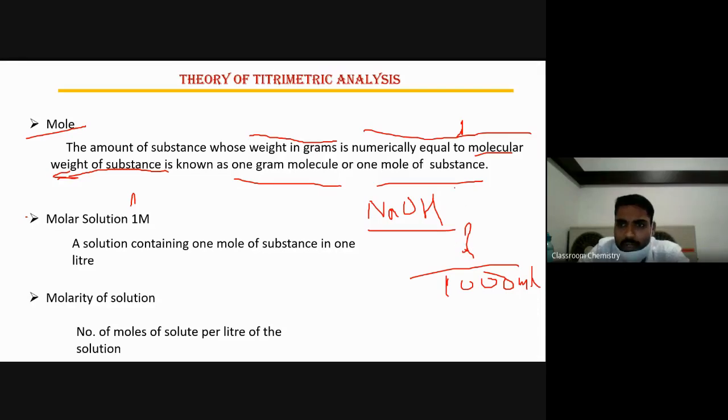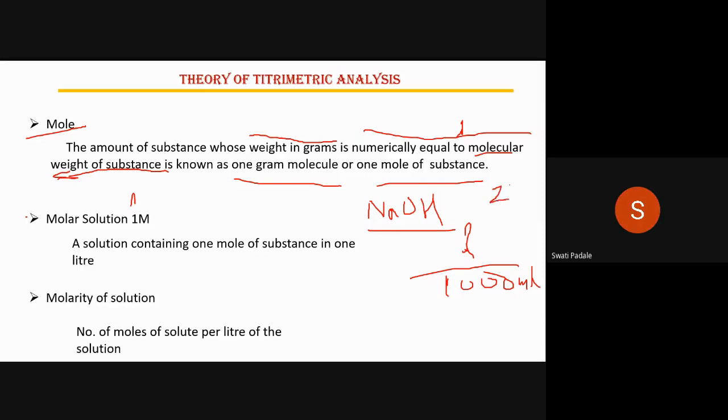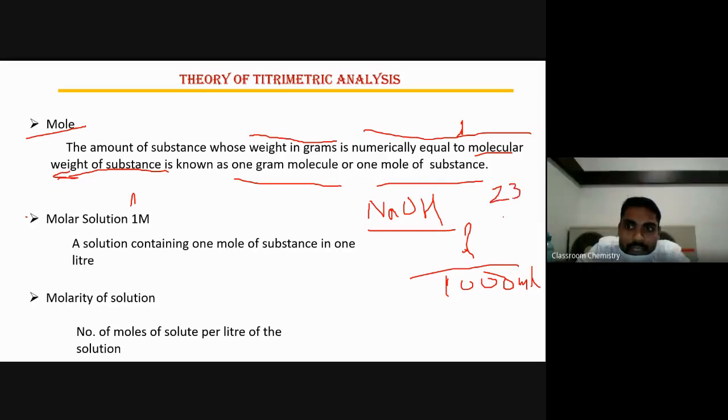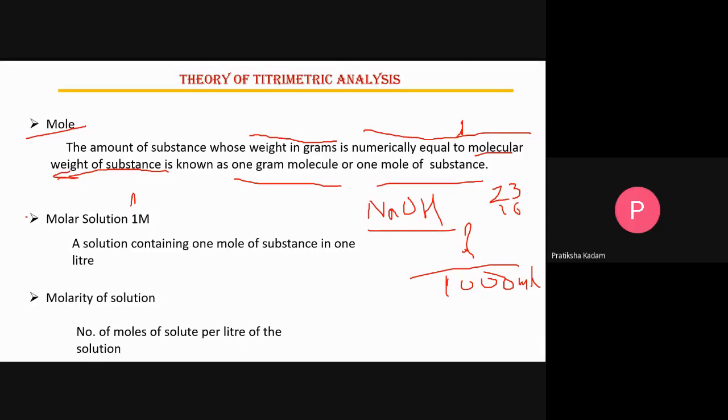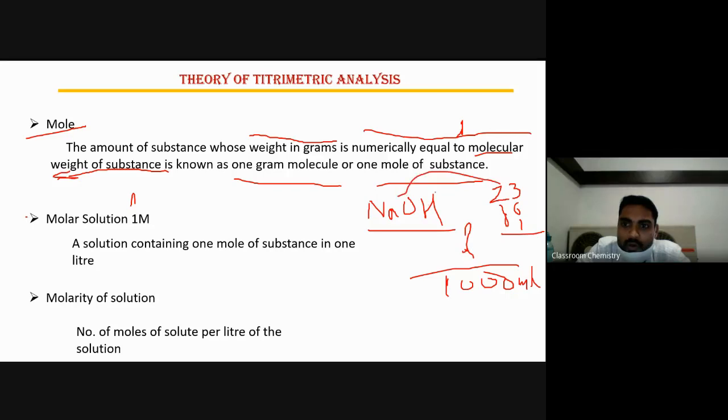What is the molecular weight of NaOH? It is 40 grams per mole. The atomic weight of sodium is 23, oxygen is 16, and hydrogen is 1.